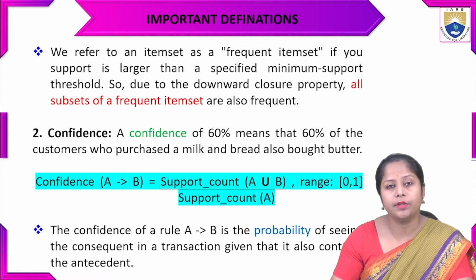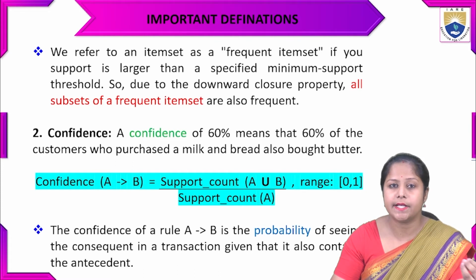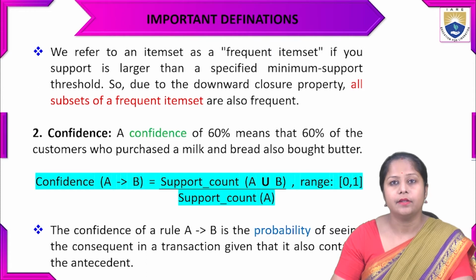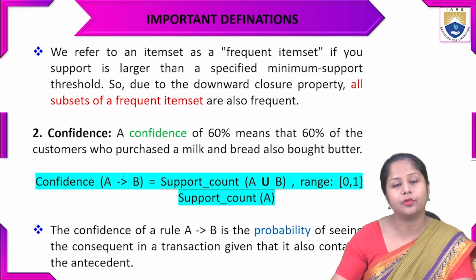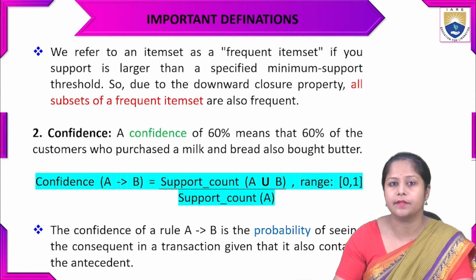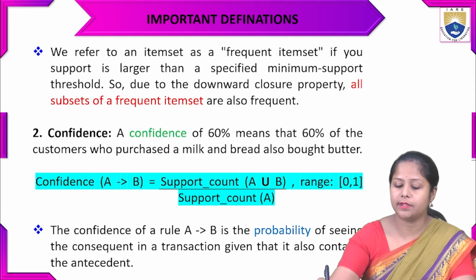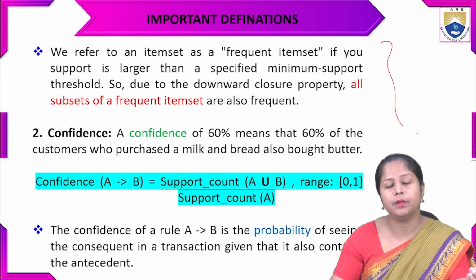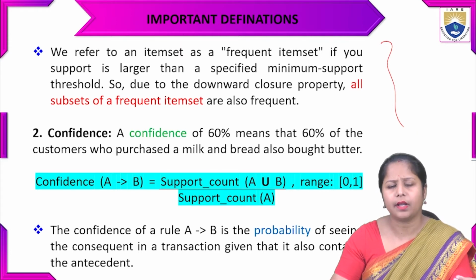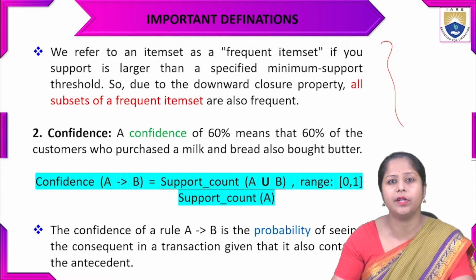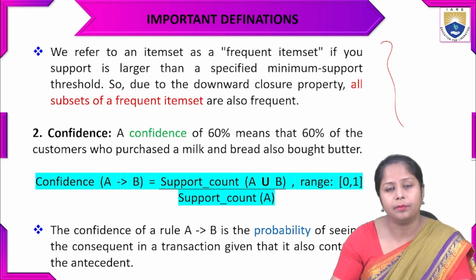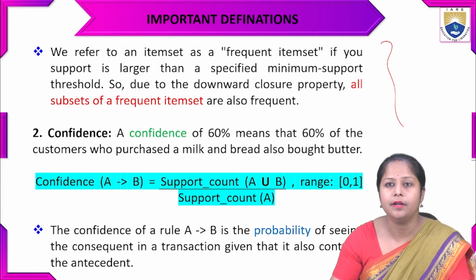Then according to that, we check the support we found for that item set. It should be larger than that threshold support. Due to this, if such item generation rules occur, they come under the downward closure property.